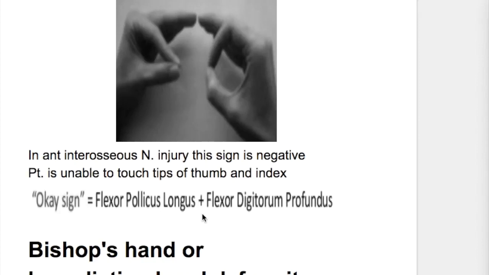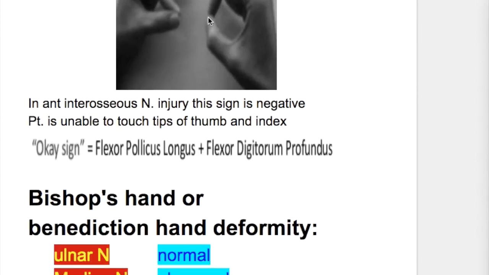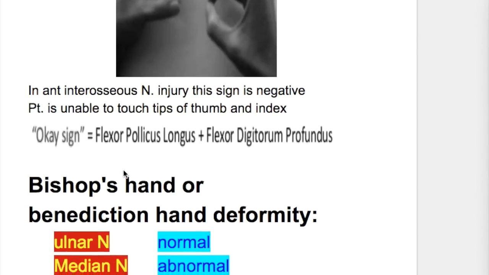Flexor pollicis longus and flexor digitorum profundus, because in O sign both the interphalangeal joints of the thumb and index fingers are flexed. Flexor pollicis longus flexes the thumb and flexor digitorum profundus flexes the index finger interphalangeal joint. And instead of flexion at these interphalangeal joints, these joints become extended, pinched.